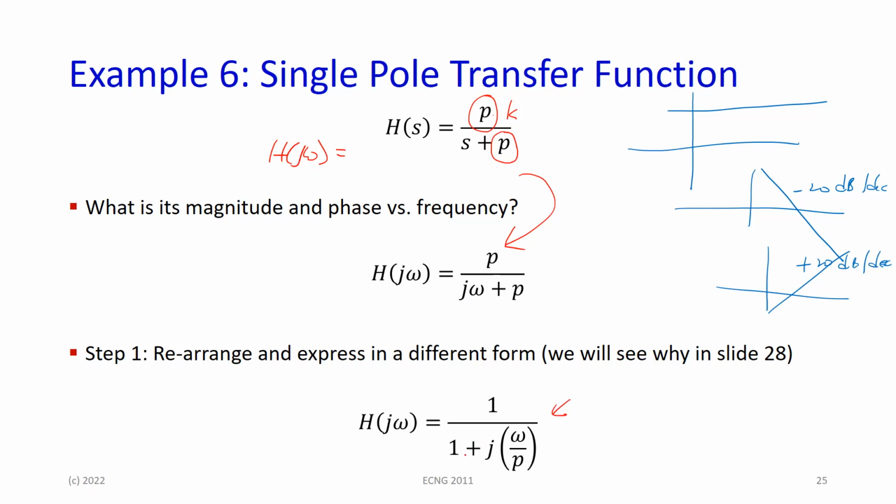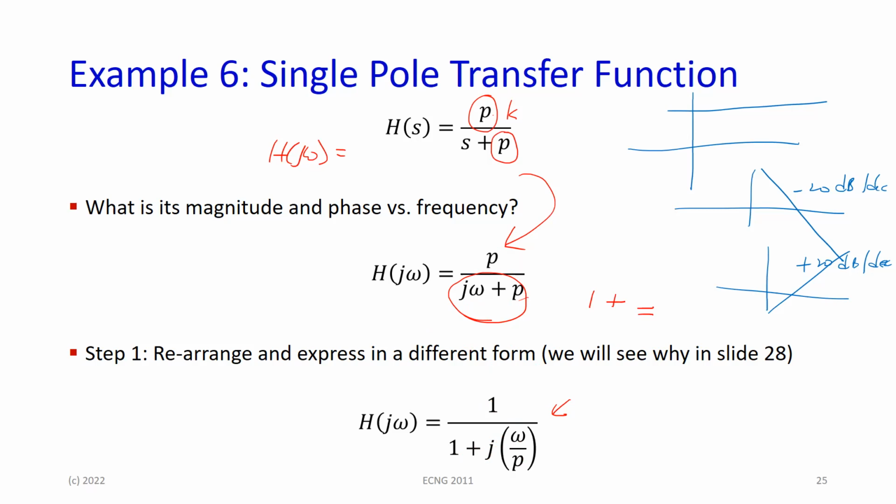So in other words, we want the pole part to be 1 plus something. All right, so as this is p here, we have to divide through by p. So we get 1 plus j omega over p. And well, conveniently, because we picked it that way, we had p on top. So if you divide the top and the bottom by p, you just happen to get a 1 there. It wouldn't make a difference. We'll see later on when you don't have the same constant top and bottom.